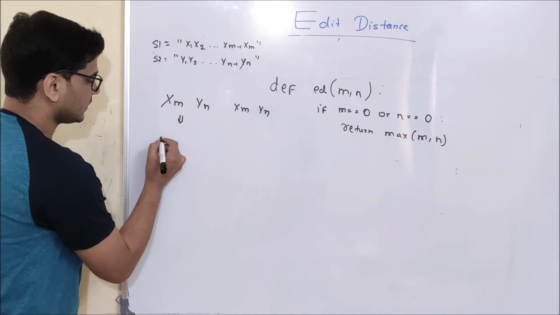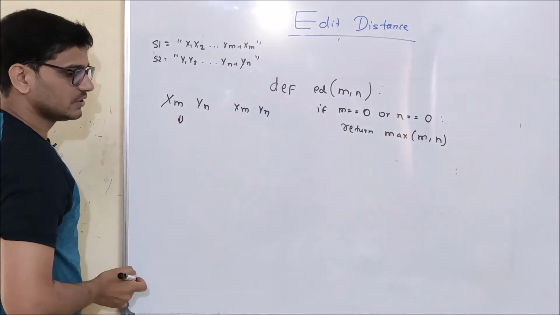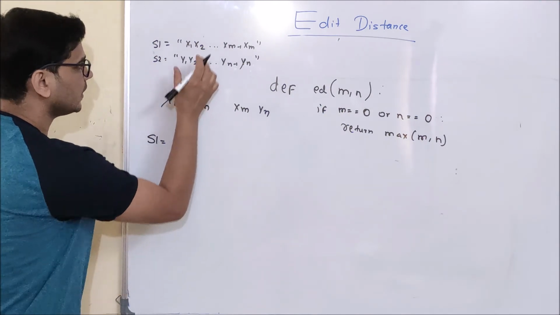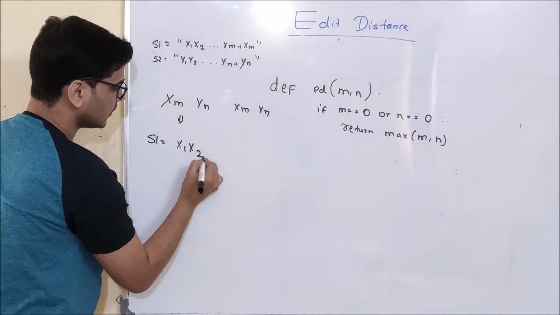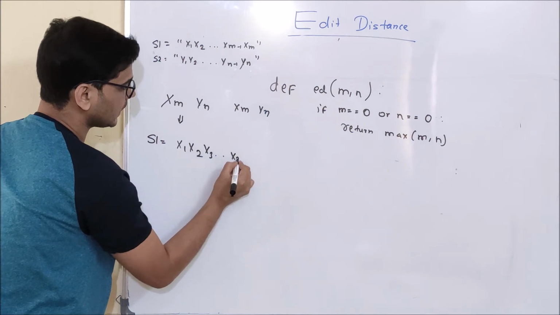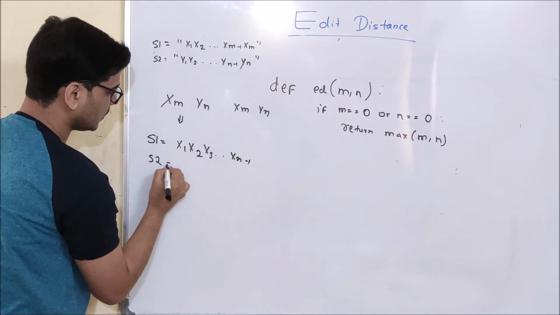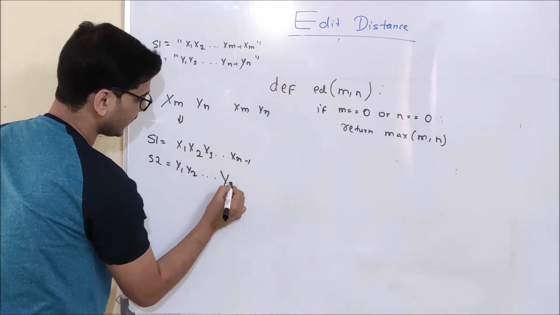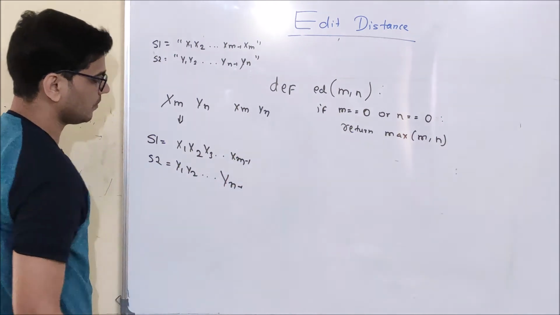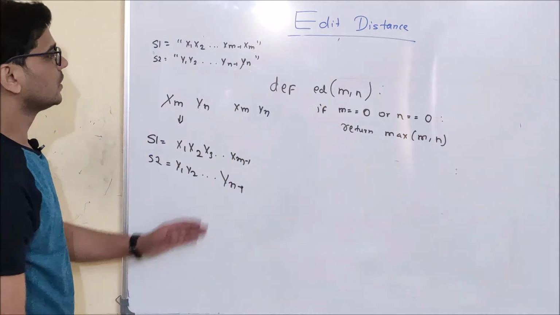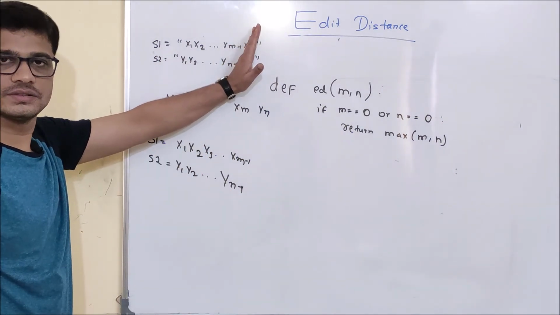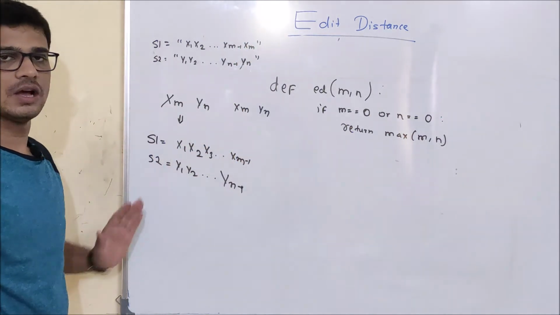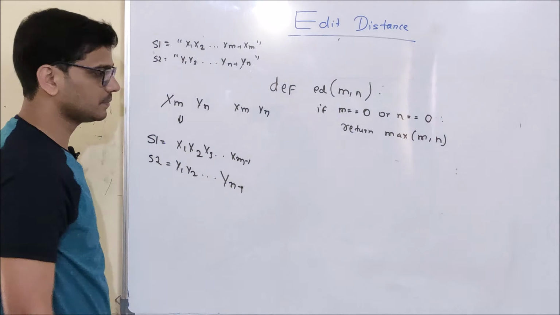So if these two characters are matching, that is the last character of both the strings, what do we need to do? We need to find the edit distance between x1, x2, x3 to xm minus 1 and y1, y2 to yn minus 1. Sorry, it will be m minus 1. So basically we will ignore the last characters of both the strings and find the edit distance between the modified strings.